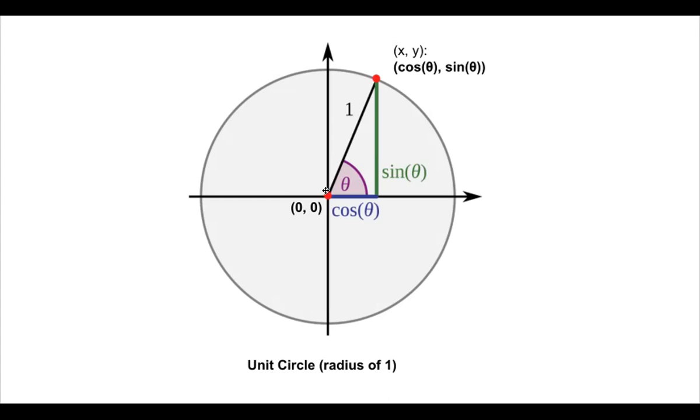All we need to do is multiply this by whatever the radius is, and it will give us the same sort of value for that circle. Imagine the circle has a bigger radius, 10 instead of 1. We put the cosine function with the angle, the sine function with the angle, and then multiply by the radius. Then it will calculate the X and Y position of that particular circle.